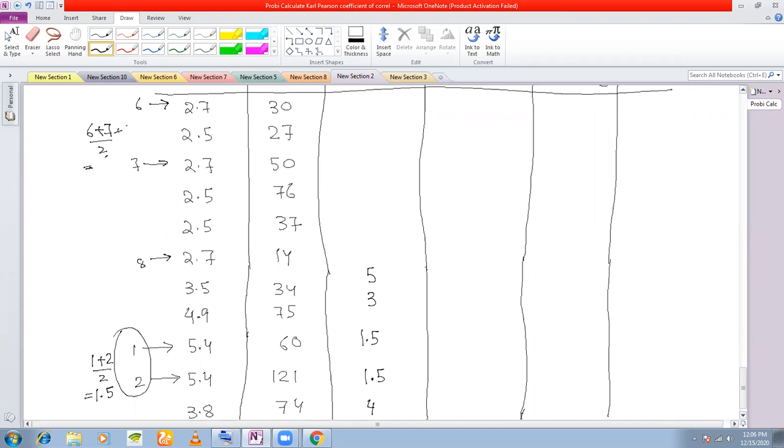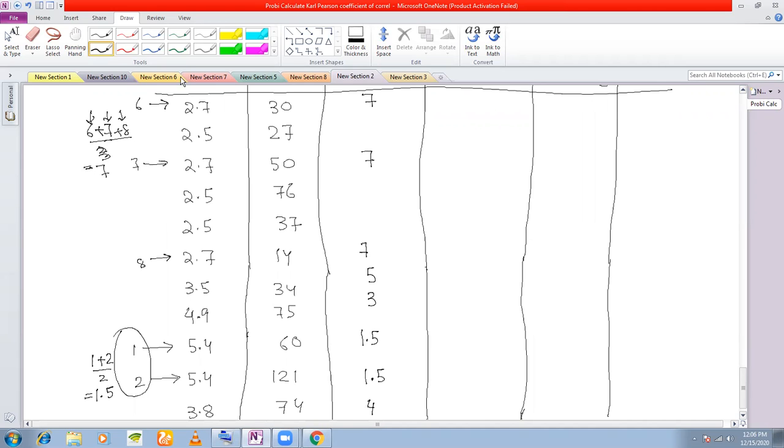So 6 plus 7 plus 8 divided by 3: 21 divided by 3 is 7. So I give a rank of 7 to this, 7 to this, and 7 to this. How many ranks have I exhausted here? Ranks 6, 7, and 8. That means the next rank that I must assign must be 9.